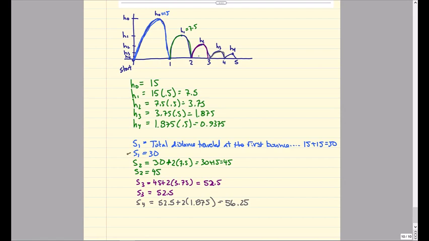Okay, so S sub 1 is 30, S sub 2 is 45, S sub 3 is 52.5, and S sub 4 is 56.25. So that's what we've come up with for our partial sums. Now, always look at the directions to see if they want fractions for these partial sums or if they want decimals, and then follow the decimal instructions for rounding.